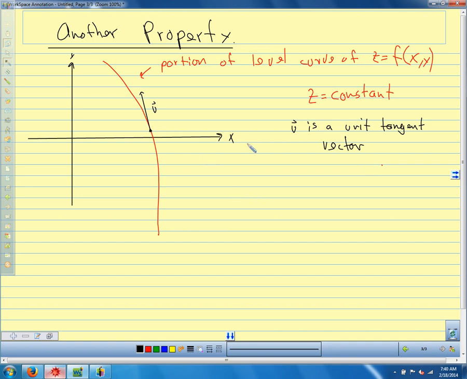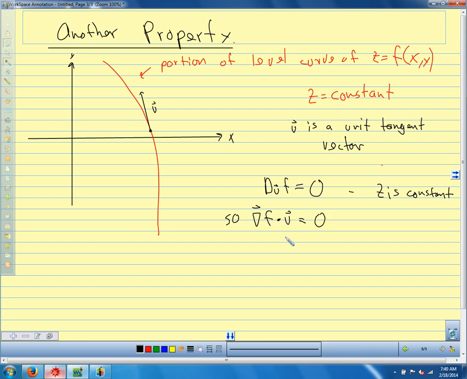So our directional derivative, z is a constant in the direction of u, has to be what? 0. F is not changing on the level curve because z is constant. So I'm going to write my directional derivative is 0. So del f dot u equals 0.